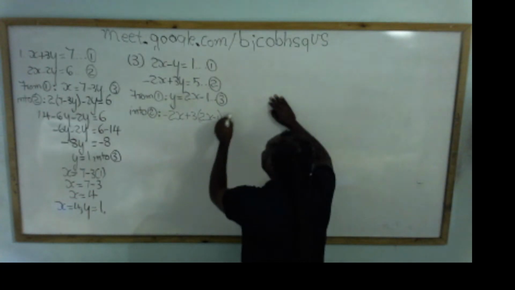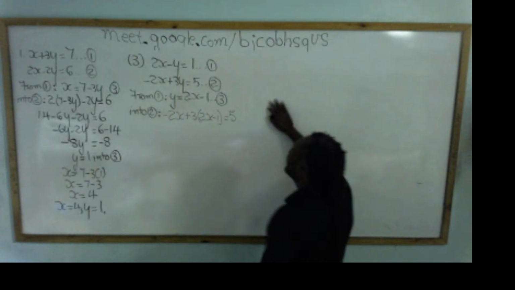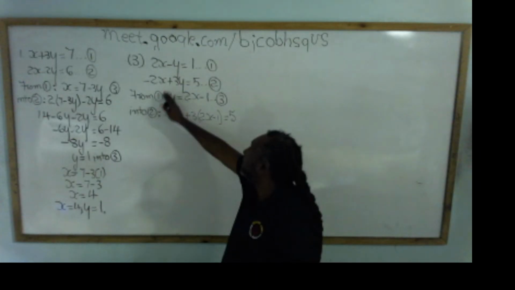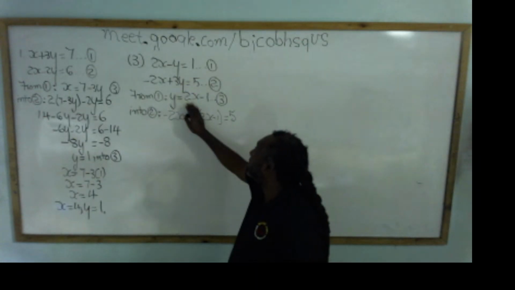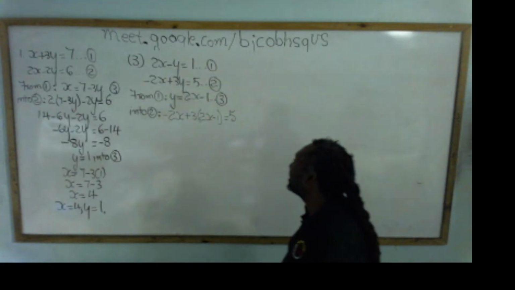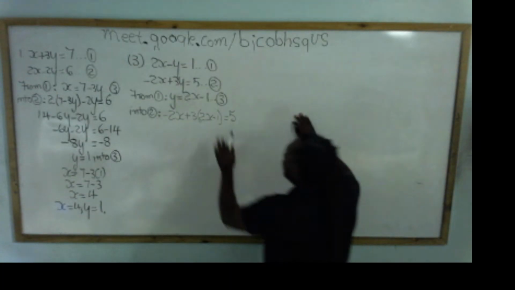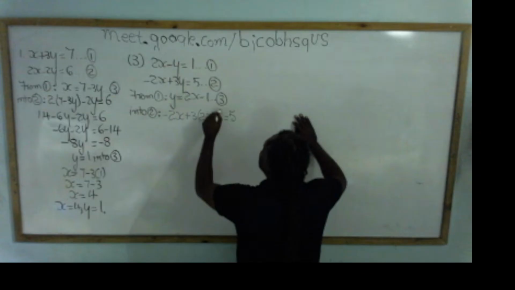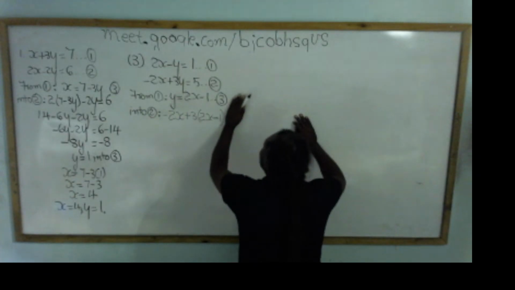And that is equal to 5. So negative 2x plus 3 times y, which is 2x minus 1, is equal to 5. We have what? One equation with one unknown.